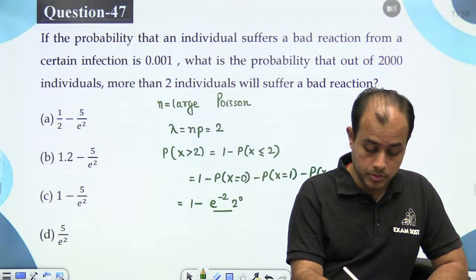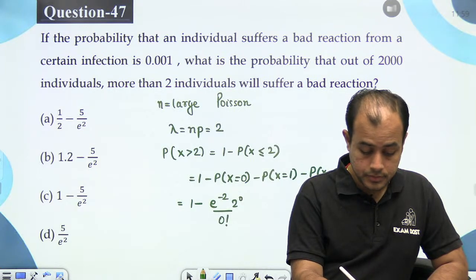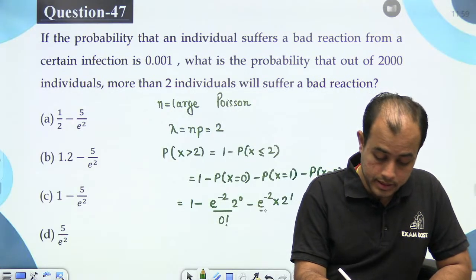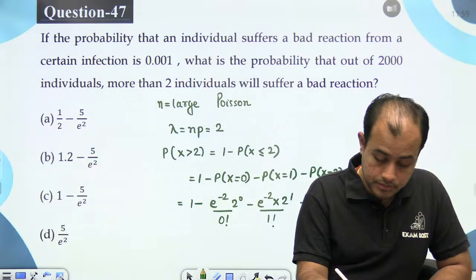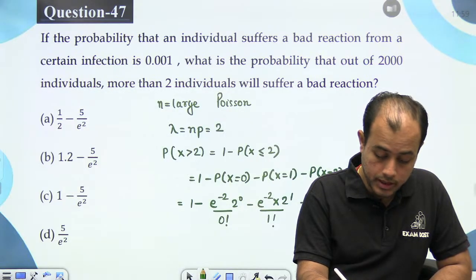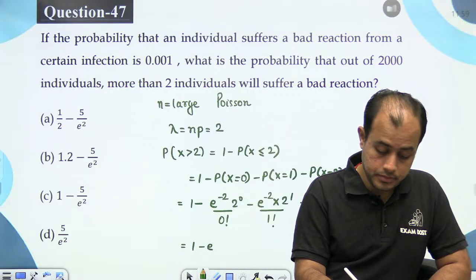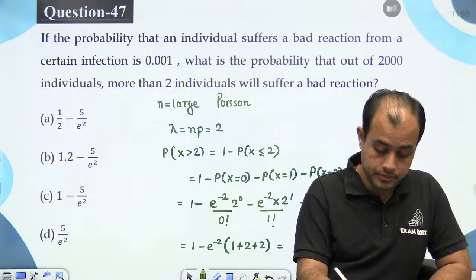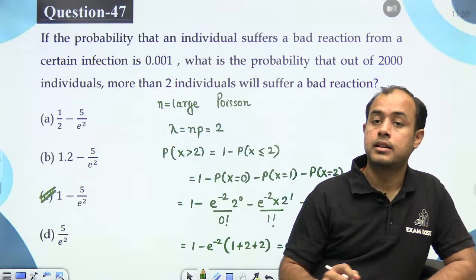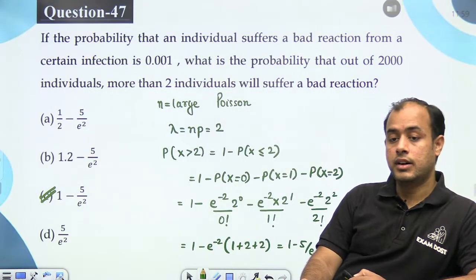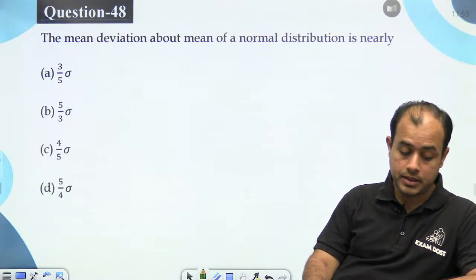That is 2 to the power 0 by 0 factorial, 2 to the power 1 by 1 factorial, 2 to the power 2 by 2 factorial. 1 plus 2 plus 2, 5. So answer is C. 1 minus 5 by e square. Correct? 1 minus 5 by e square.